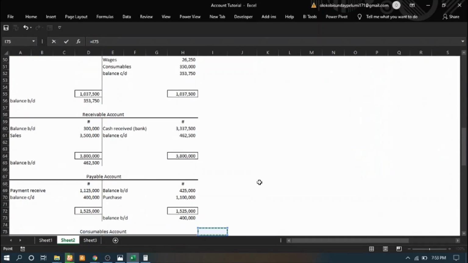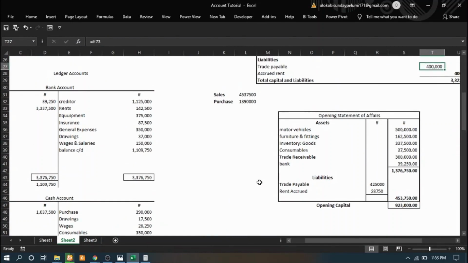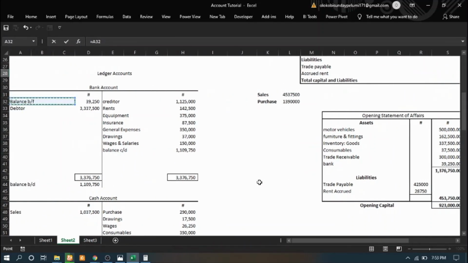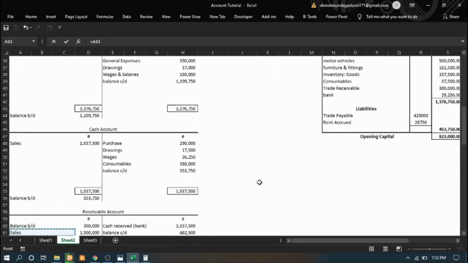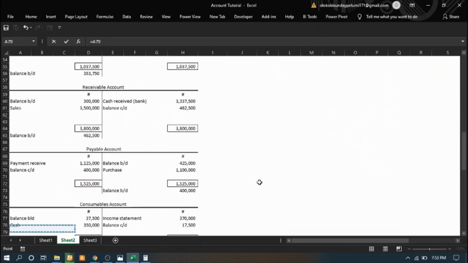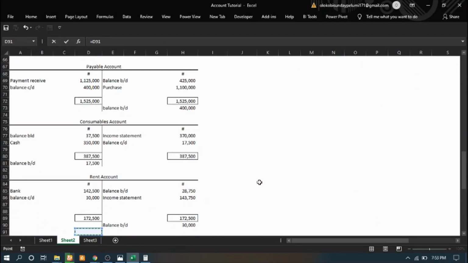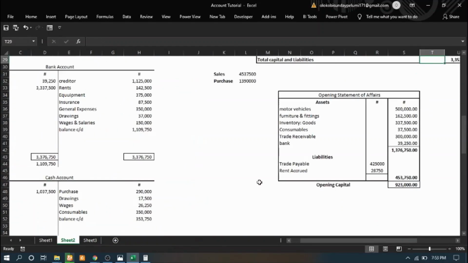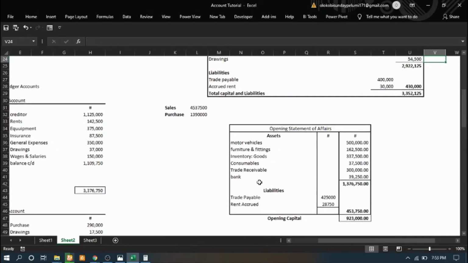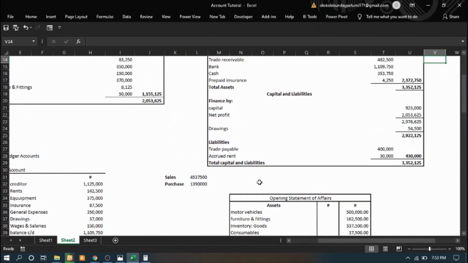Trade payable is 400, and you can get the rent from the rents account easily. The closing balance is 30,000. So we have a total of 1,425.